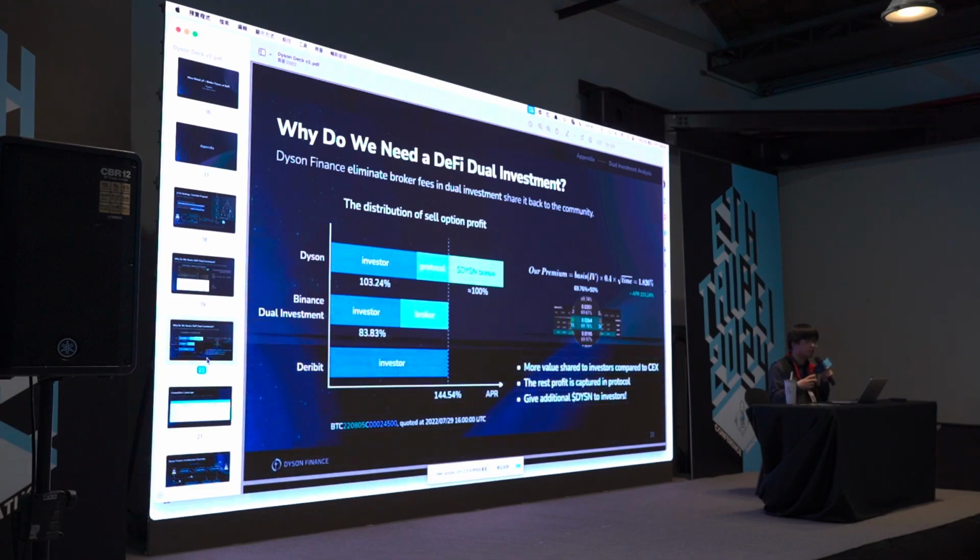And that is a product that invites users to, say, stake some assets and choose a specific strike price, and they will get a premium. And the premium will be higher if the strike selected is closer to the spot price. Yeah. And that is exactly the same concept as option trading. When you are selling an option that is at the money, you will get the highest potential premium.